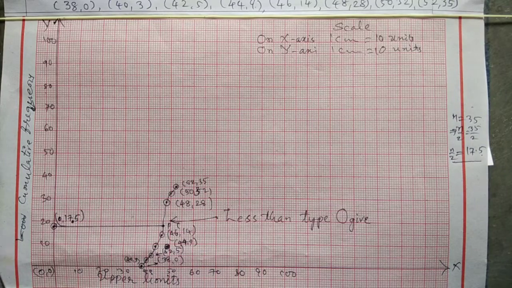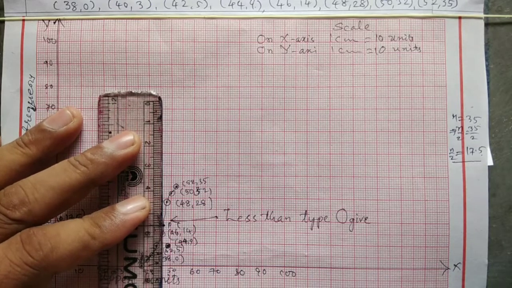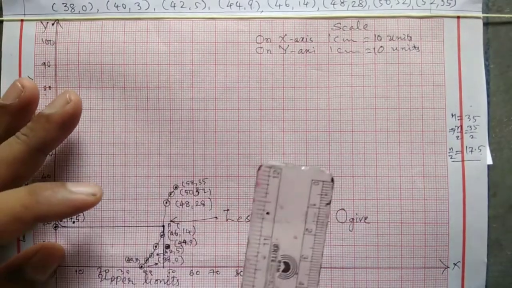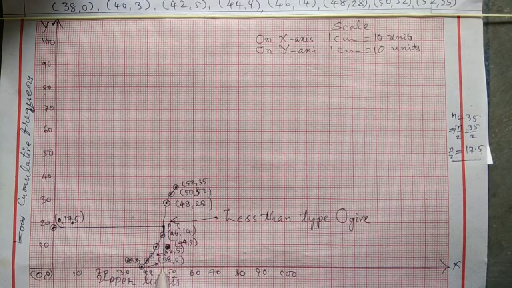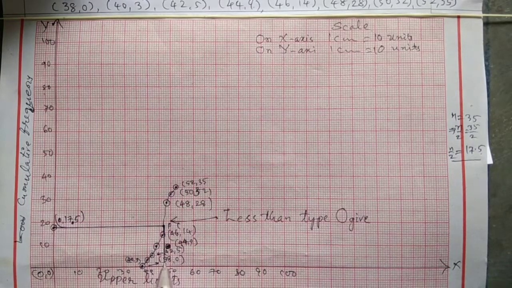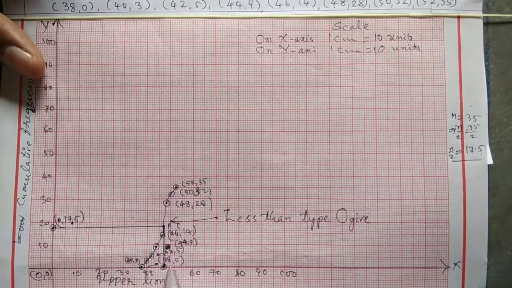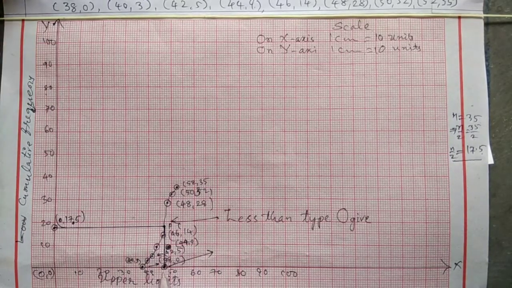Draw a perpendicular from P on the x-axis. The point of intersection of this point gives the median. This is the median point. How much is this?